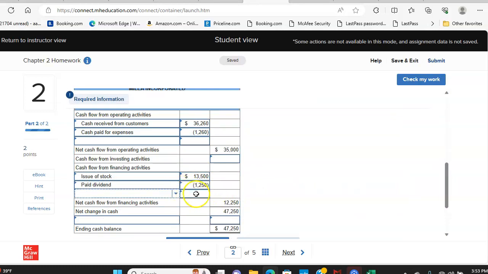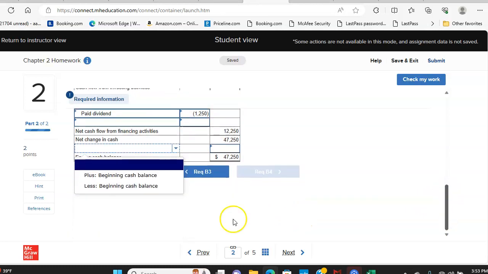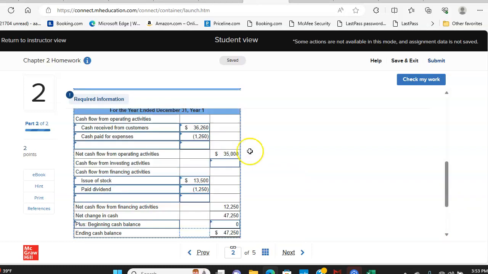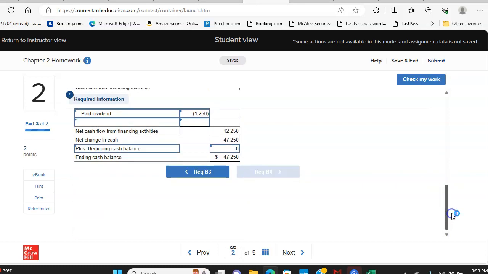All right. So our net change in cash was $47,250. Plus beginning cash balance, which was $0. And that'll give us an ending cash balance of $47,250.